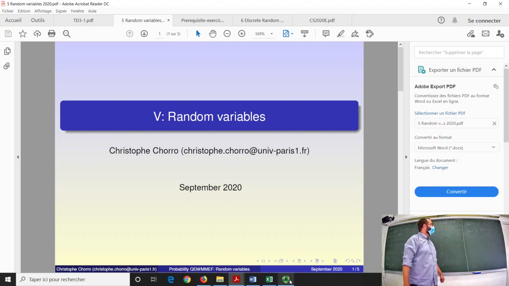So if I define this for omega prime equal to minus 1, 0, 2, for all i belonging to omega prime, we obtain the new probability.